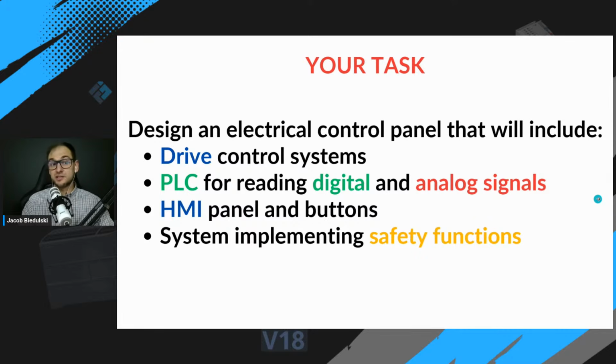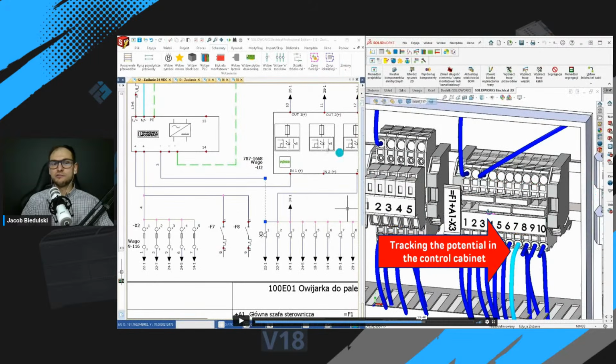So you can imagine that you are a control system designer, and you should know how the entire system works, how to read the electrical diagram, and how to select particular devices based on the parameters that are included in the specification in the manuals, okay?